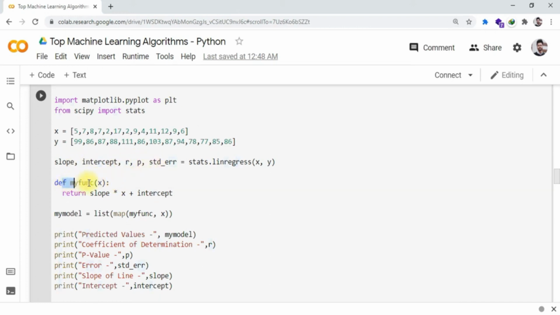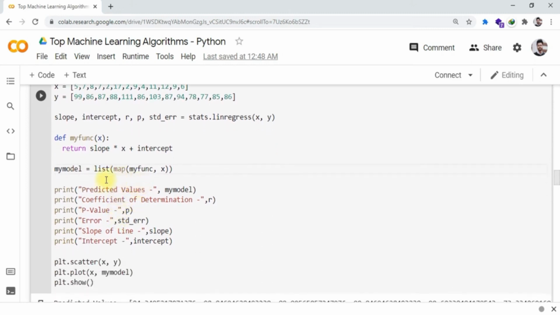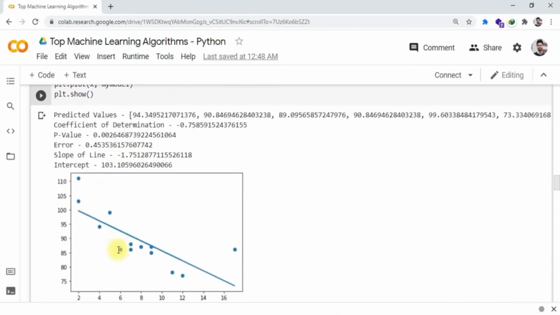And similarly the function is like this, and we will just map each value to the x so that we can get our predicted values and the actual values mapped to each other. With the help of that, we are going to get our predicted values, coefficient of determination, p value, r, slope, intercept, all are going to be here.